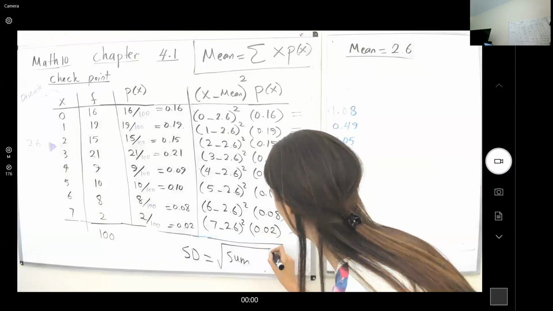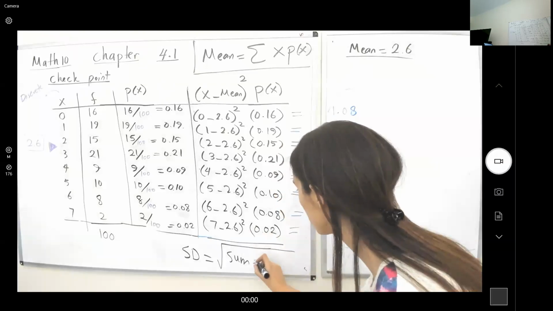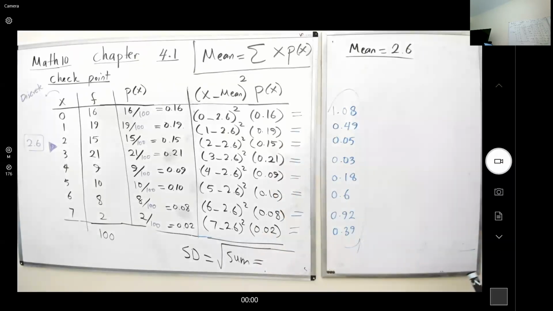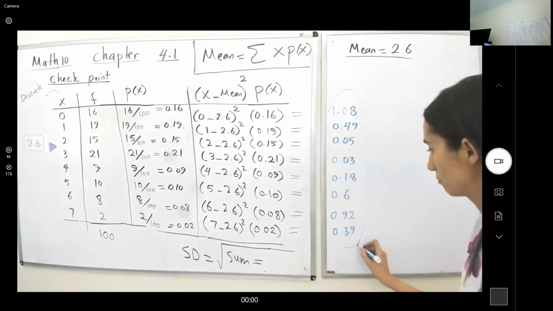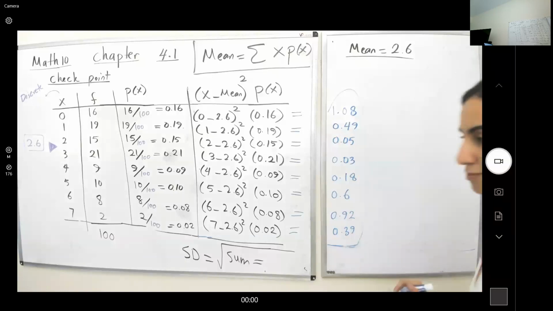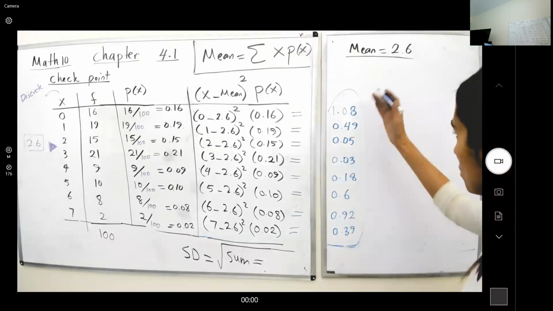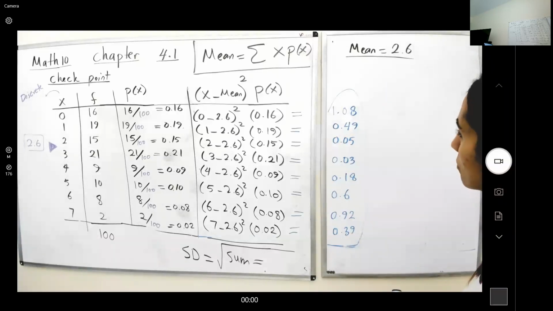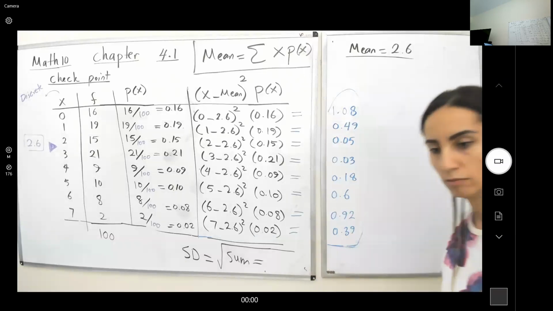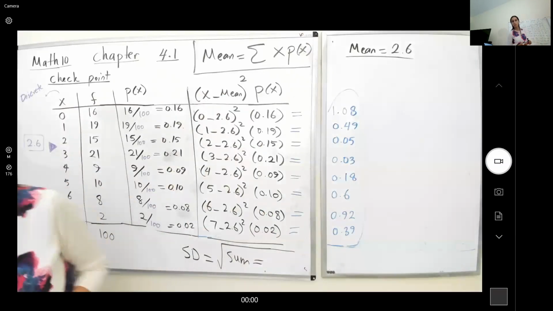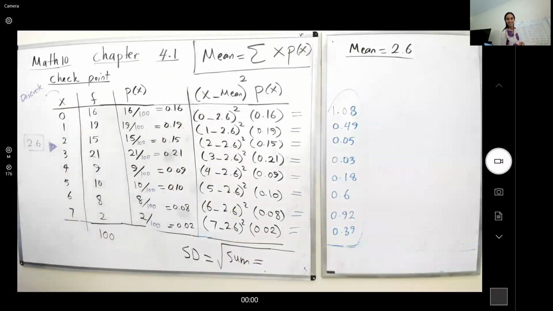Please find the sum first for me. If you add all of these together, the sum is equal to 3.74.